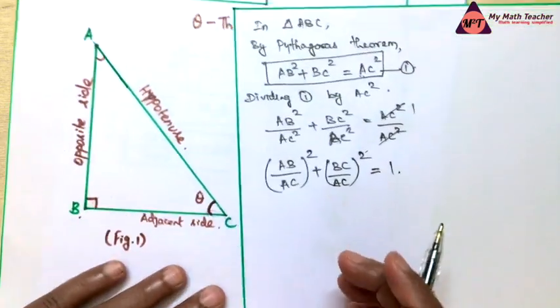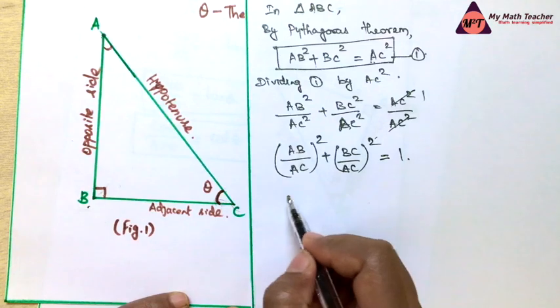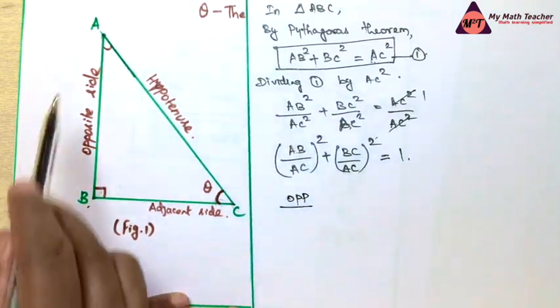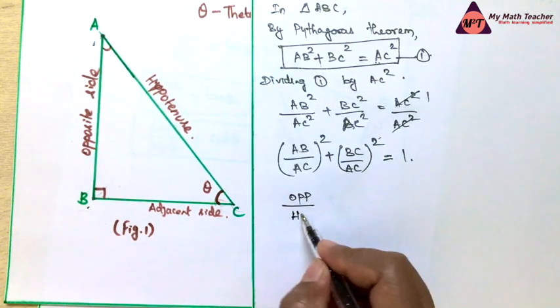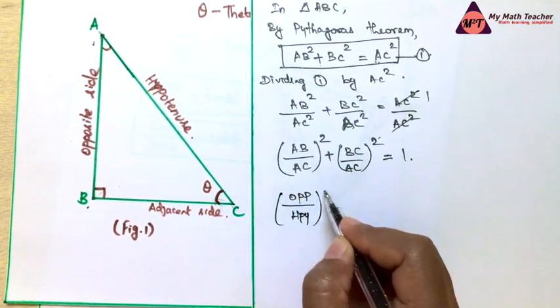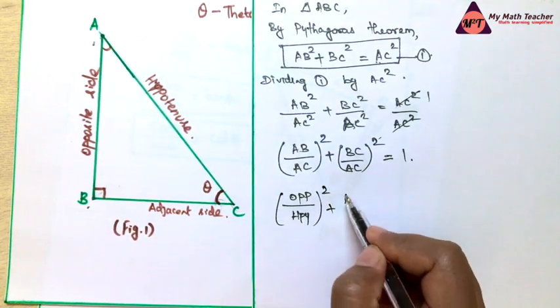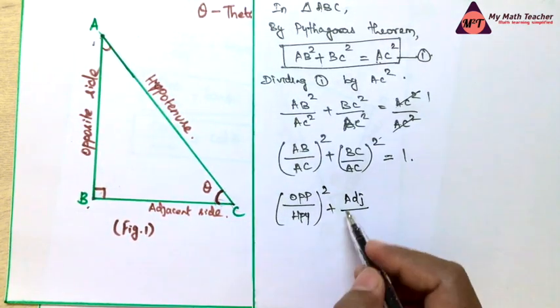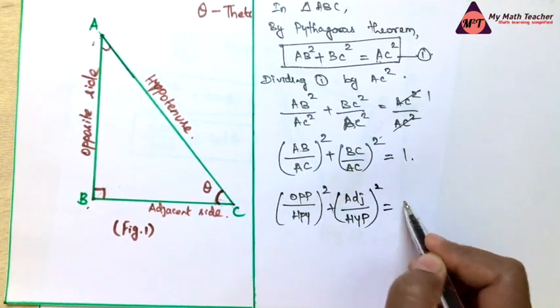Now what is AB? As we can see, this is opposite, and AC is hypotenuse, so opposite by hypotenuse the whole square, plus what is BC? It is the adjacent side, by AC, again hypotenuse, the whole square, is equal to 1.